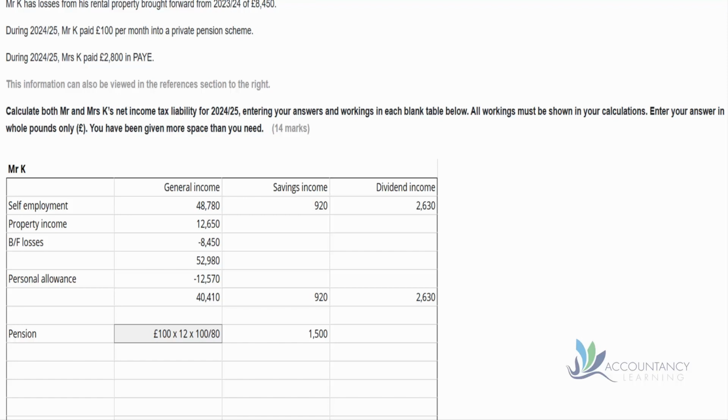Okay. So that gives us a gross figure of £1,500, and this is going to be added to the basic rate band. So we take the basic rate band of 37,700, we add on the grossed up pension contribution to give us a new basic rate band of 39,200.